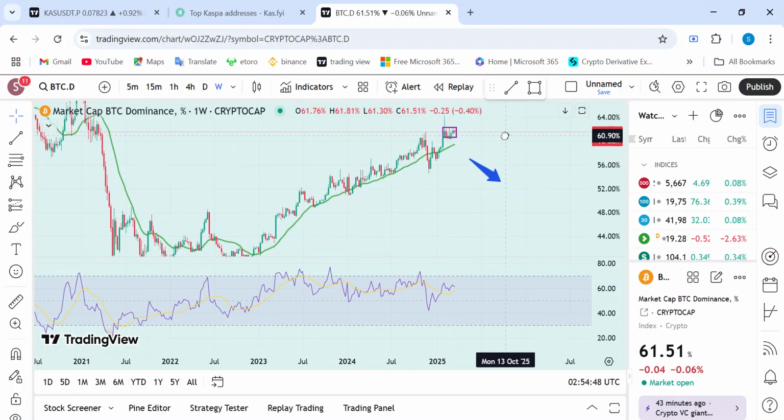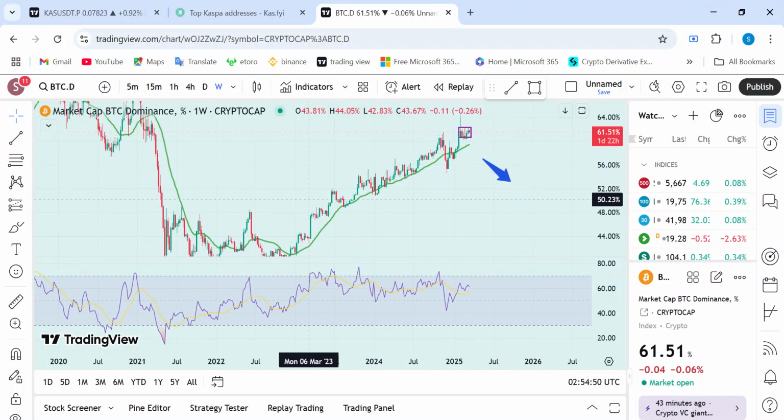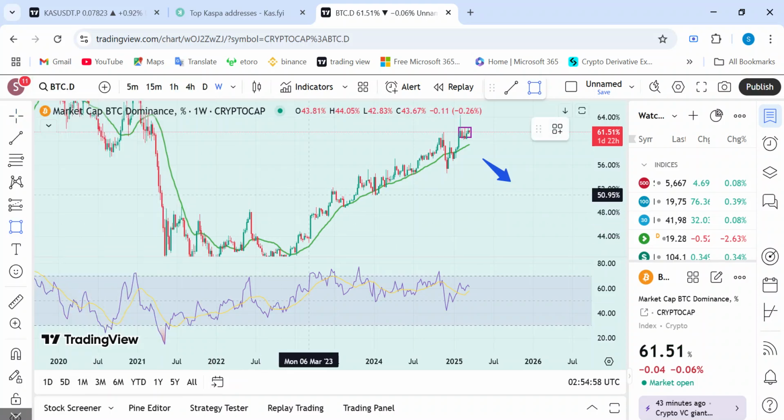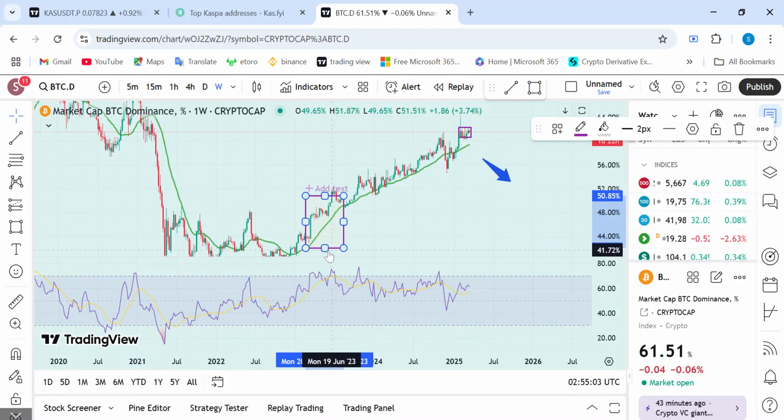But when it comes to KASPA, if you take a look, when Bitcoin dominance was going up, let me put a rectangular box. Let's say Bitcoin dominance started going up in this area, which is starting from May 2023.